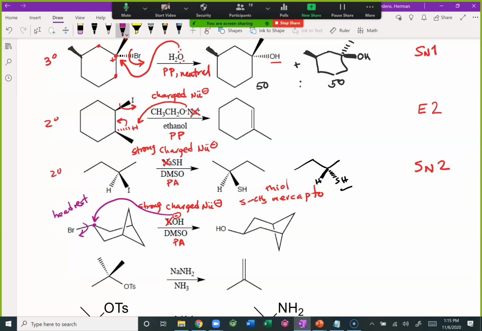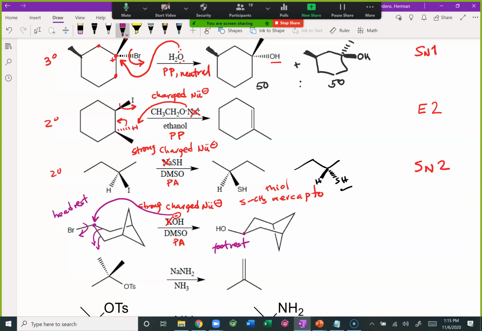And it went from a headrest to now a footrest. So basically, with the attack, pow, it went down. And so when that happens, these two bonds are pushed down with the nucleophilic attack. How cool is that?